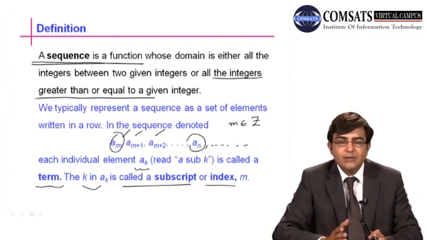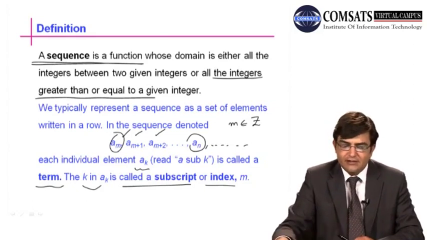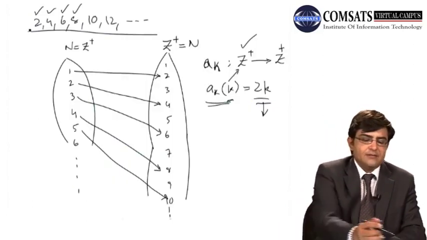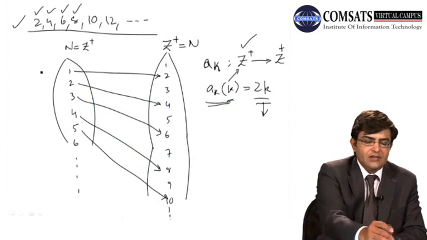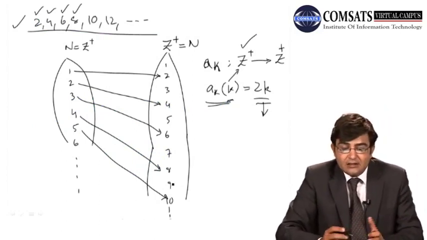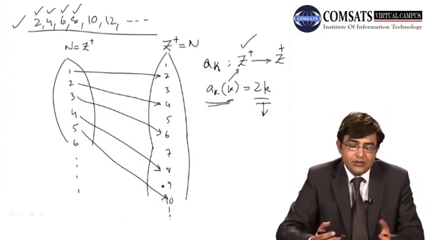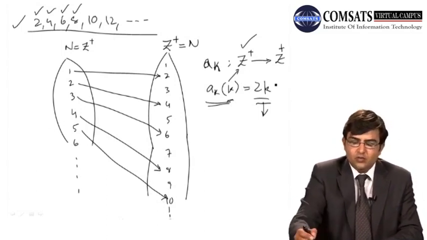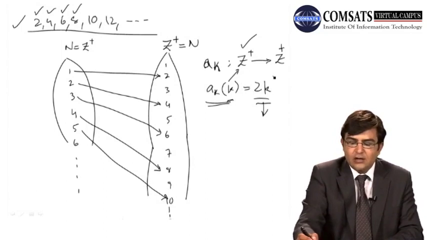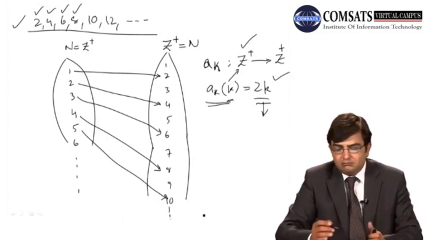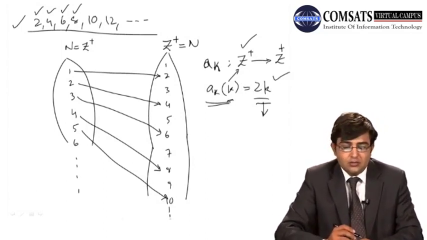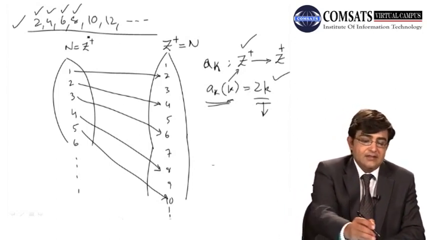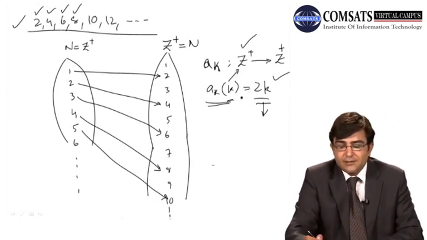As in this sequence, I have guessed or judged that the domain of the sequence should be natural numbers, and we can define a formula which could express the relation between the elements of the domain and range.